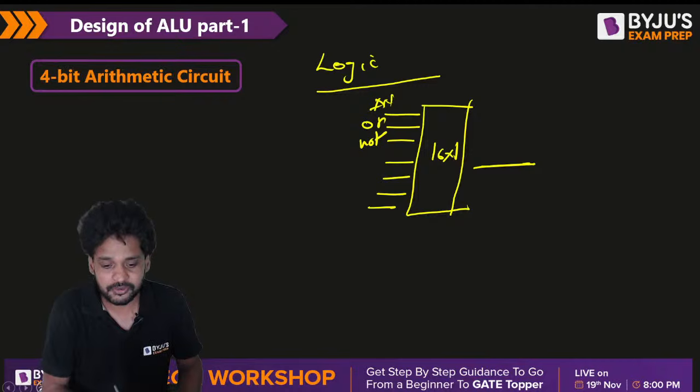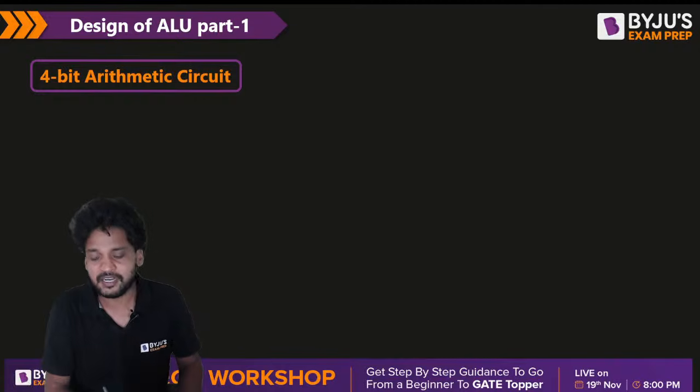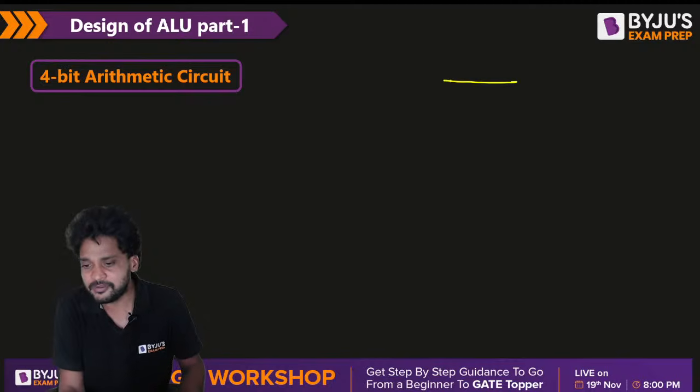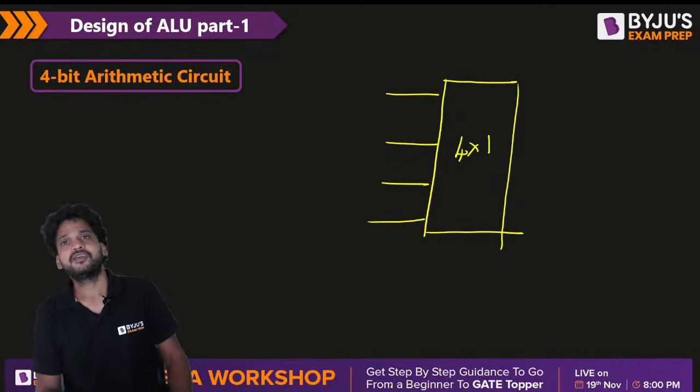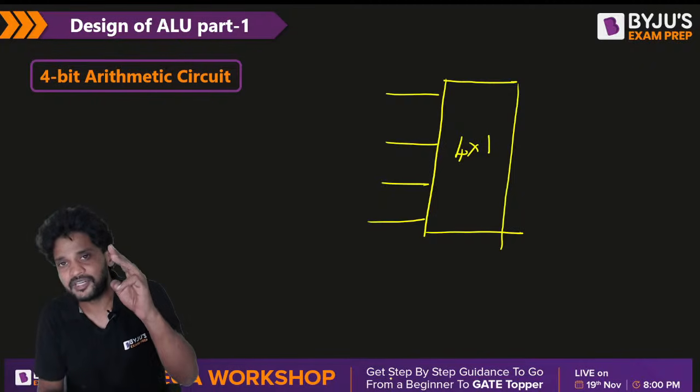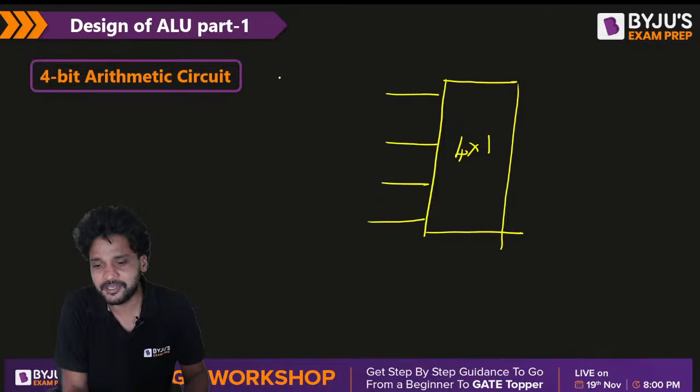Now, let me show you the complete ALU. The complete ALU is the multiplexed unit. It's a 4 into 1 multiplexer, which requires 4 inputs. If you remember, I have 3 units in the system. One is the arithmetic unit.